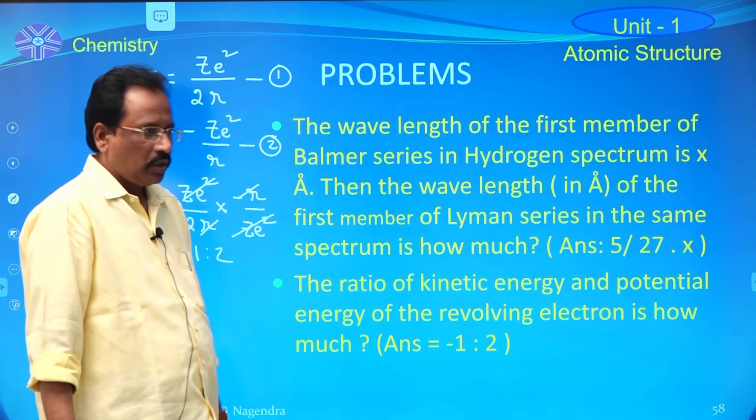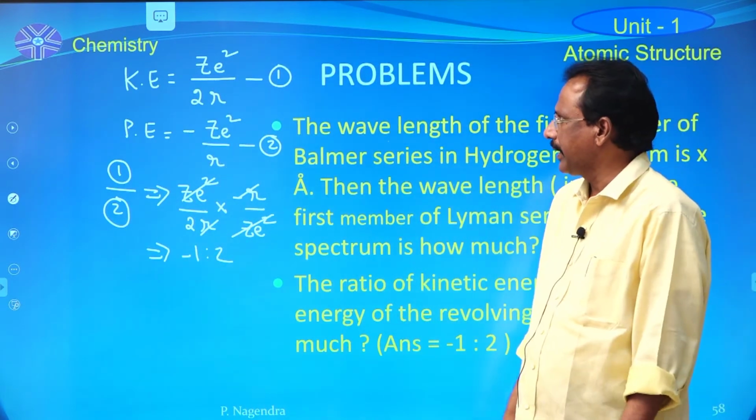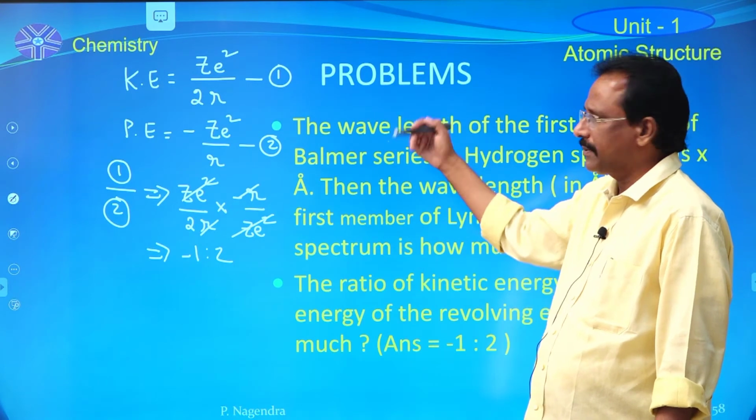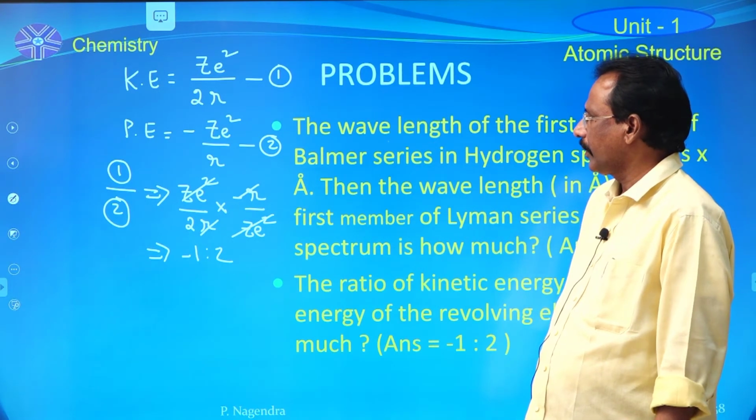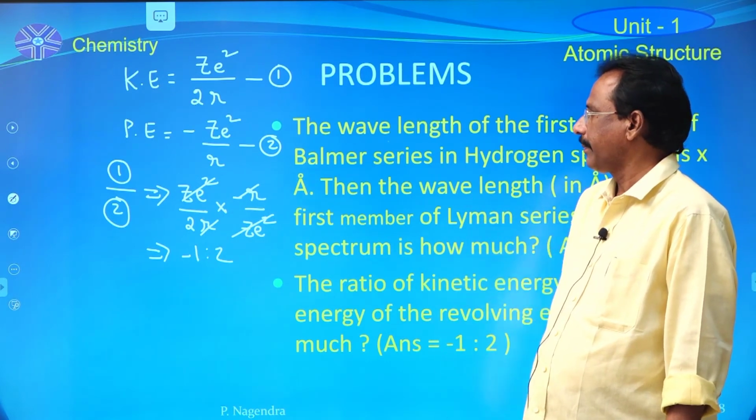According to Bohr's theory, the total energy of the revolving electron is KE plus PE, and the final answer is minus Ze square by 2R.